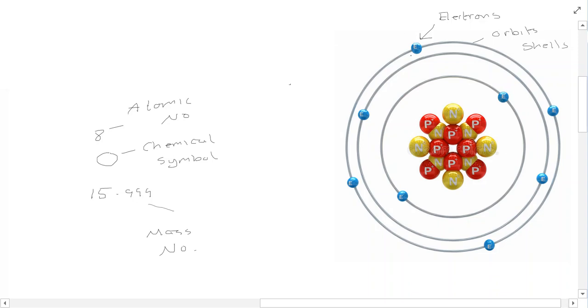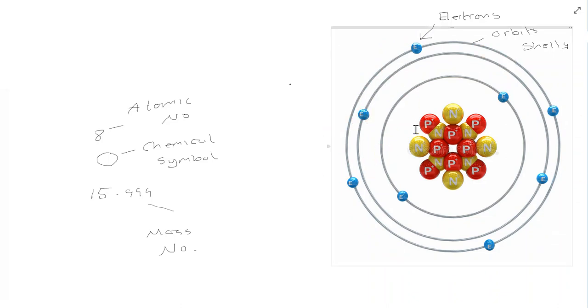So we can see, for example, that this electron here moves around. In this shell we have 1, 2, 3, 4 electrons, and they move around within this shell.